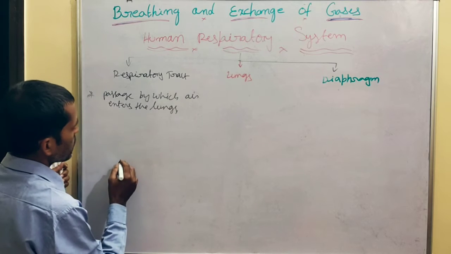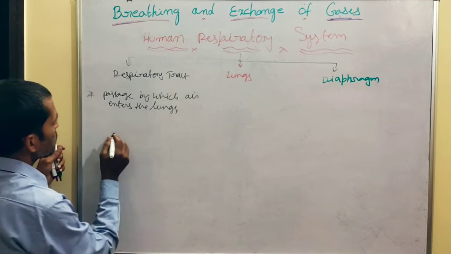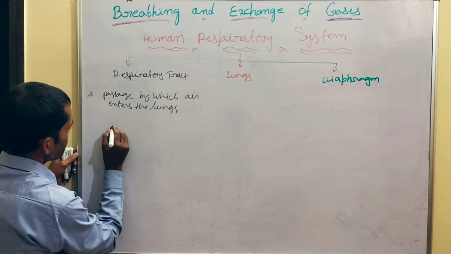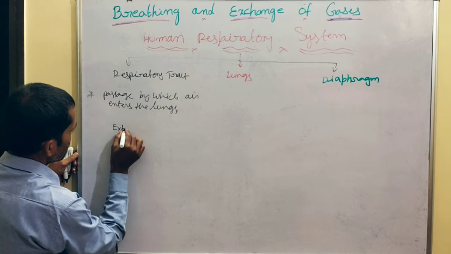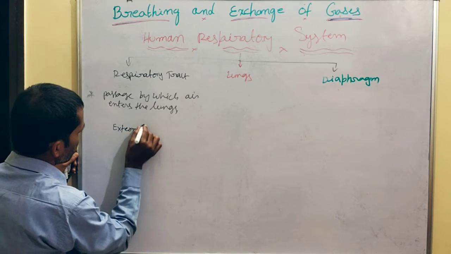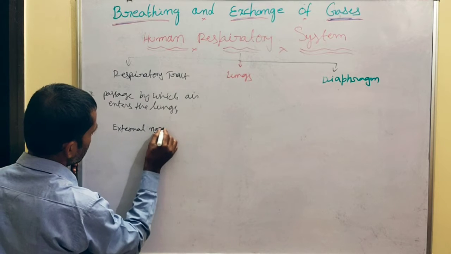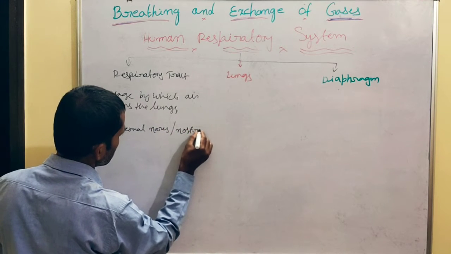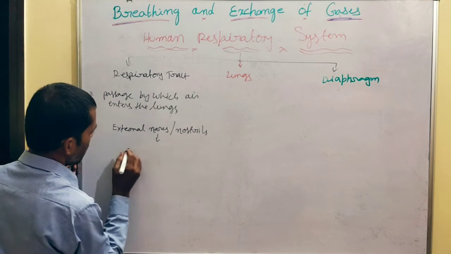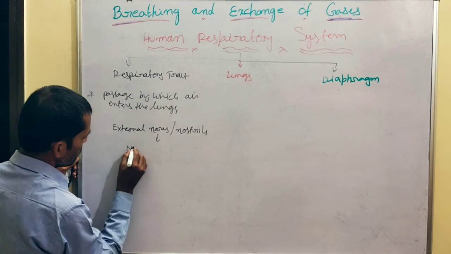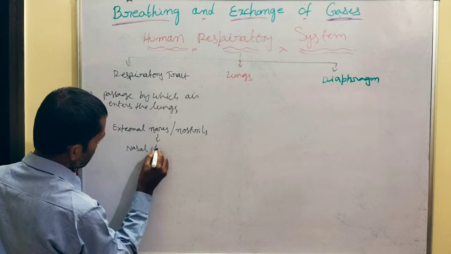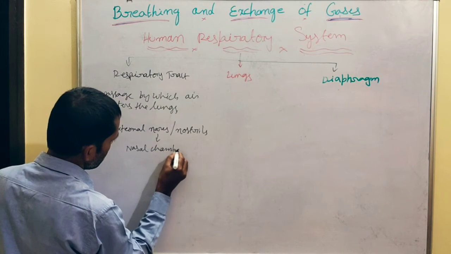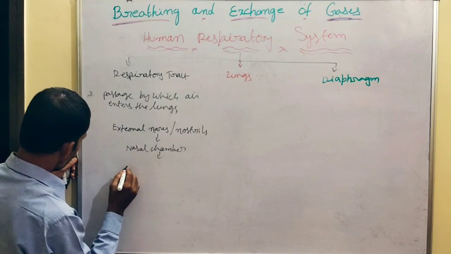The respiratory tract actually begins with the external nares, also called nostrils. Second one is the nasal chamber.